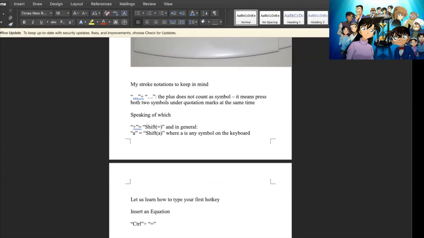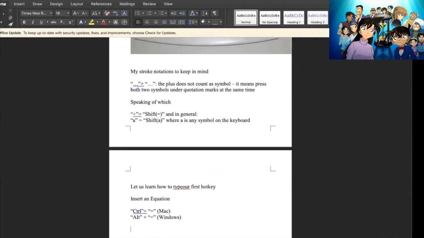So you have to hold down the control button and equal sign at the same time in order to generate an equation on Microsoft Word. So this would be for the Mac edition. I believe if you're using Windows, you replace the control button with the alt button, and then you'll get the same result.